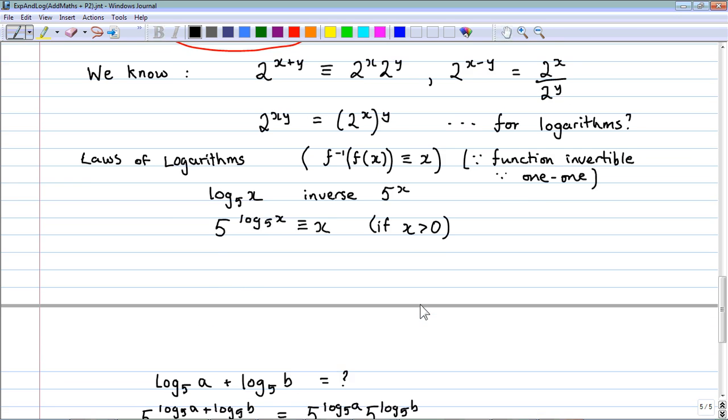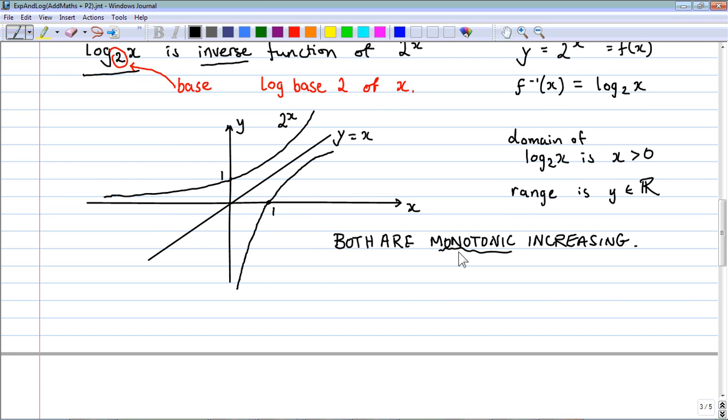Again, because the functions are one-to-one, because the functions are monotonic increasing, one x corresponds to one y, one y corresponds to one x. So it might be worth making a note here that this is always going to be true.